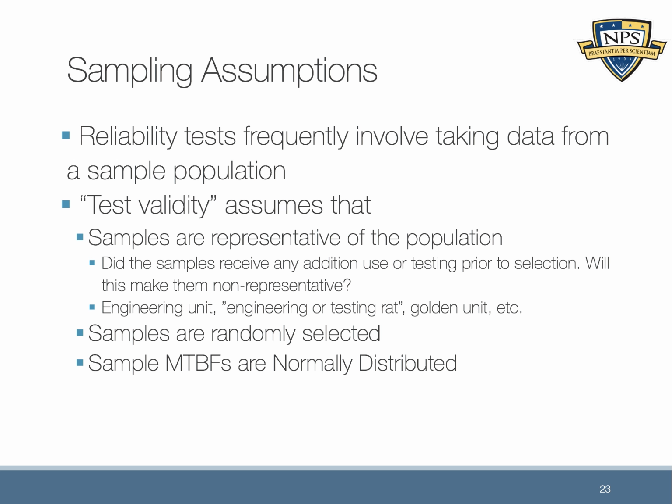So I mentioned this one earlier, this first one here, which is that samples have to be representative of a population. This is a really important one, right? Because if you can imagine, if you're sampling from a population, the idea is that you're going to test the samples and you're going to infer about the population. So you're testing the samples and you're going to say something about the population. If those samples poorly represent the population, because there's no true way to test the population, or maybe it's just not feasible, right?